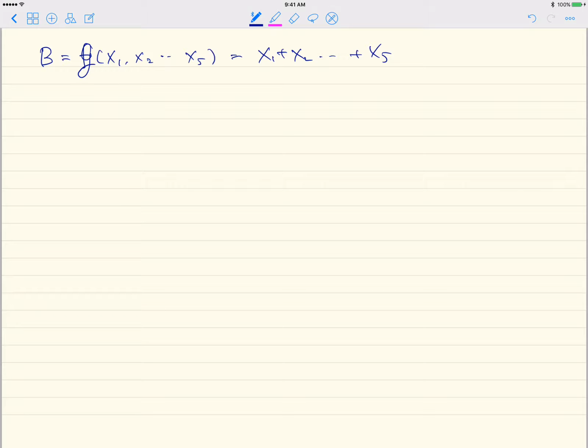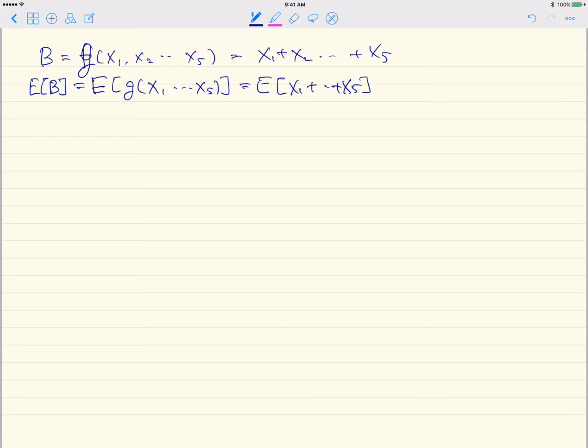And then we can consider the mean or expectation of the function of x1 through x5, represented in this form.